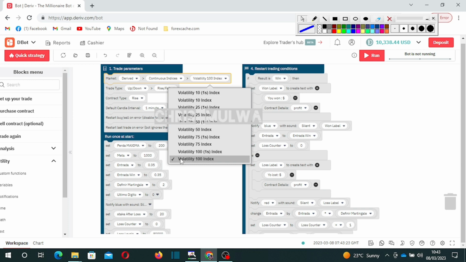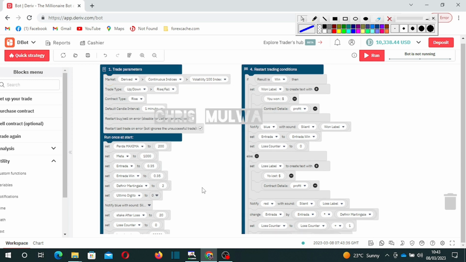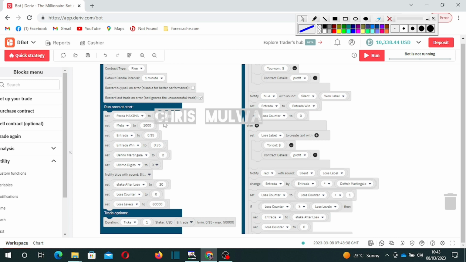So here I'm using the volatility, the V100. That is what we are using today, and the maximum loss I am putting to, let me put 100.